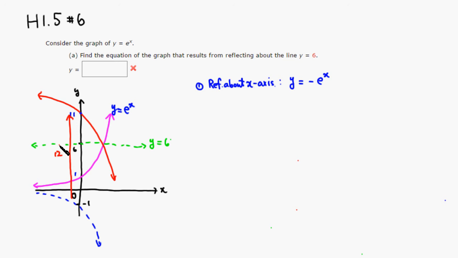So the second transformation is to shift up by 12 units. We can achieve that by taking negative e to the x and adding 12 to it. All right, so that's the equation.